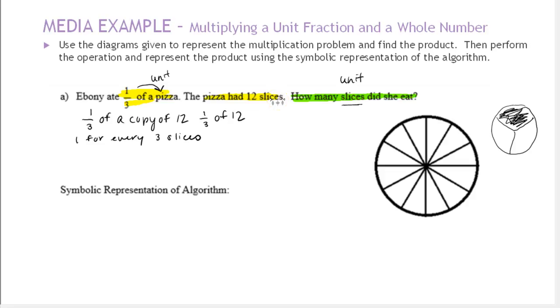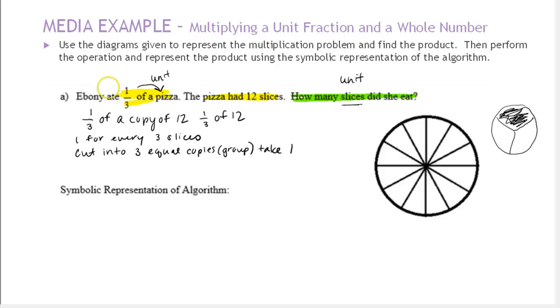Okay. Another way we can think about it is to think of it as cut into 3 equal copies, and here I'm going to write the word groups, and take one of them.